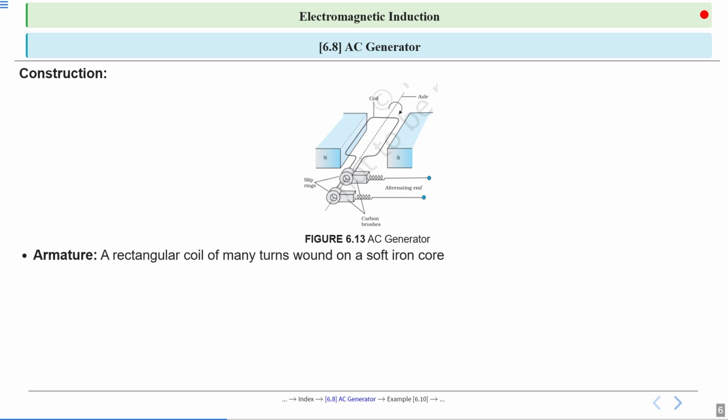If the magnetic field strength is more around the coil, then the change in magnetic flux will be more, due to which the EMF induced will be more. So it is used to enhance the EMF induction. So a rectangular coil of n number of turns wound on a soft iron core is called the armature.